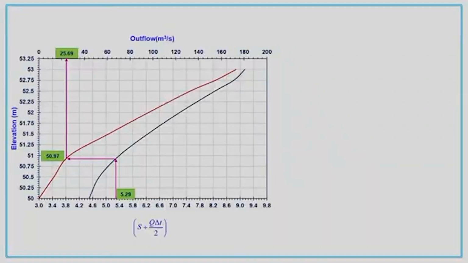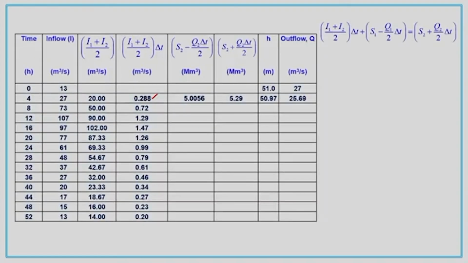That indicative storage is taken and we have made use of the graph plotted and we got the elevation and outflow corresponding to that indicative storage. So, that is put over here. The indicative storage was 5.29, corresponding to that the elevation was found out to be 50.97 and the outflow is 25.69 meter cube per second.